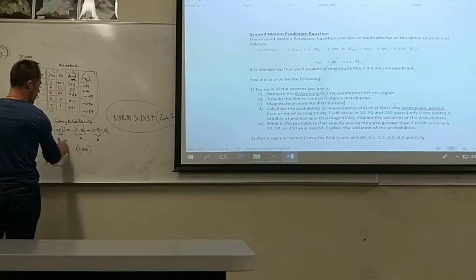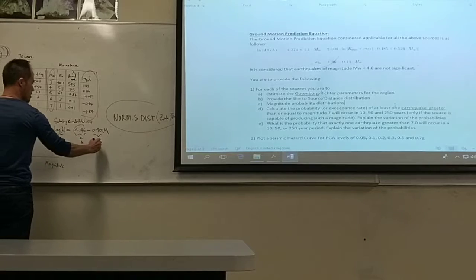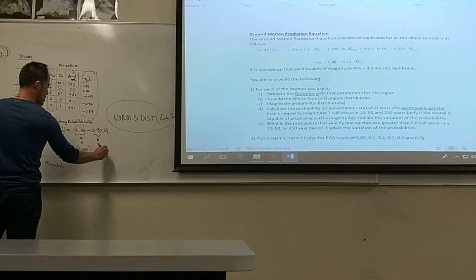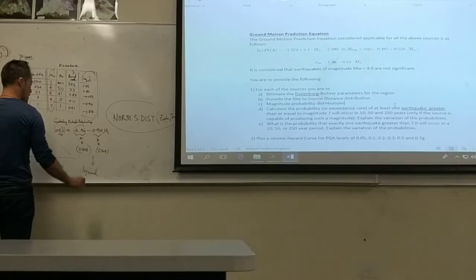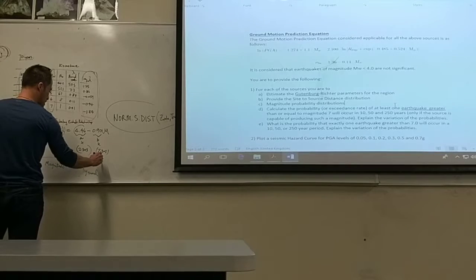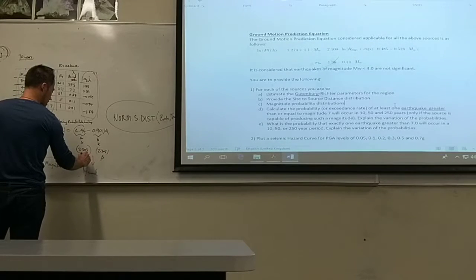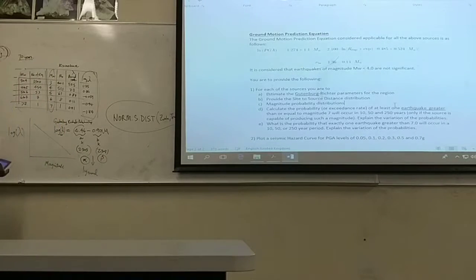So when you multiply log base 10 by 2.303 for these values, you end up in the natural log space. So that's A and B. What we want is alpha and beta. This is what we want.